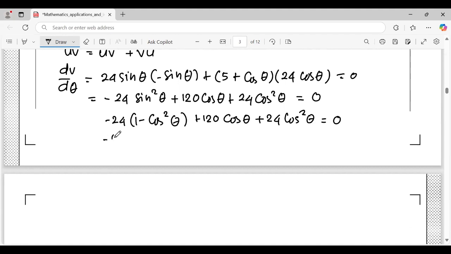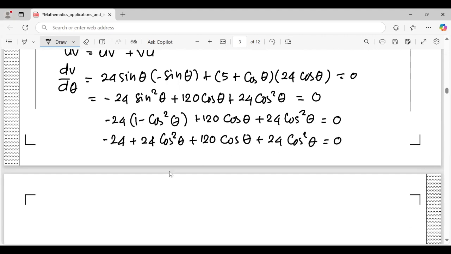It becomes minus 24 plus 24 cosine squared theta plus 120 cosine theta plus 24 cosine squared theta equals 0.